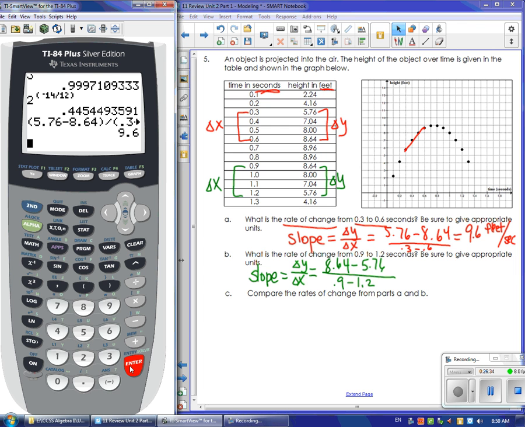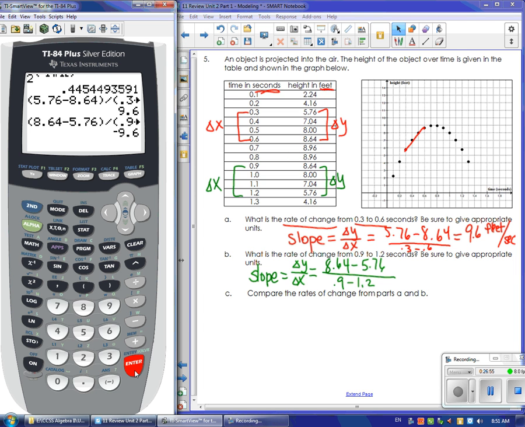And if I do this on my calculator, 8.64 minus 5.76, and then I'm going to divide that by 0.9 minus 1.2. Make sure you have parentheses around your numerator and your denominator. And notice this time it's negative.